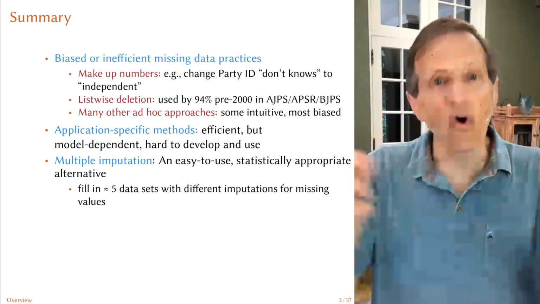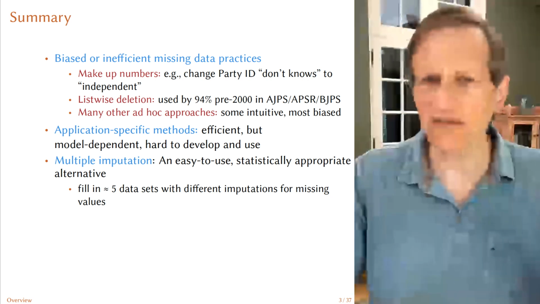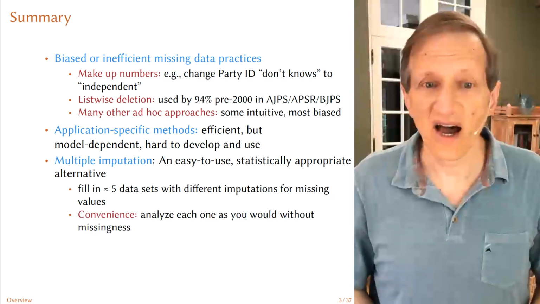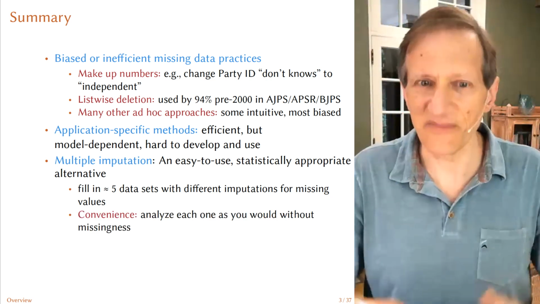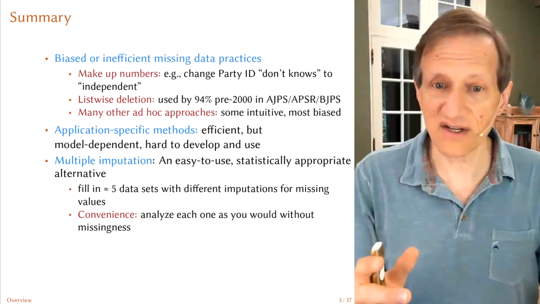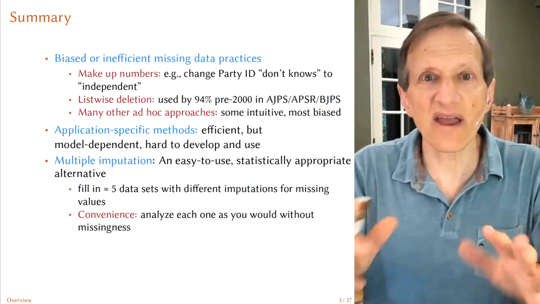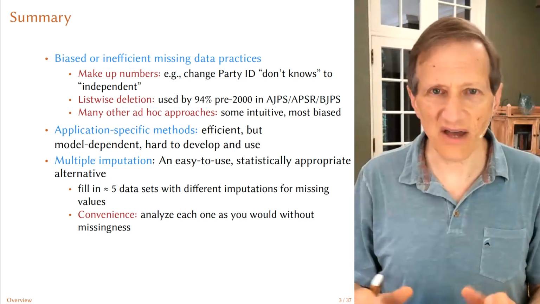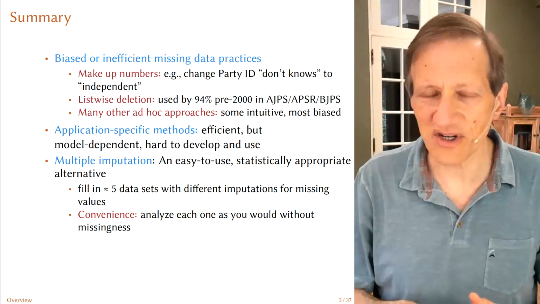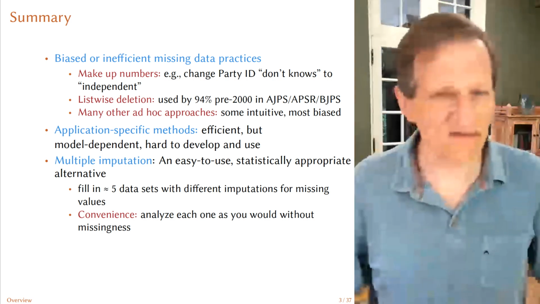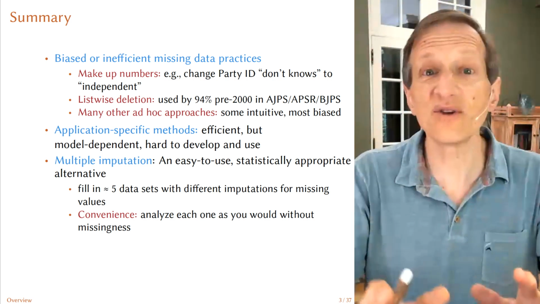They differ more if you can't predict the missing value very well, and they differ less if you can predict it very well. That reflects the uncertainty. This is very convenient because then you take the completed data set and you analyze it the same way as you would have originally by applying the statistical model, writing down the likelihood function, optimizing the likelihood function, simulating from it, conveying your quantity of interest, all the usual things.